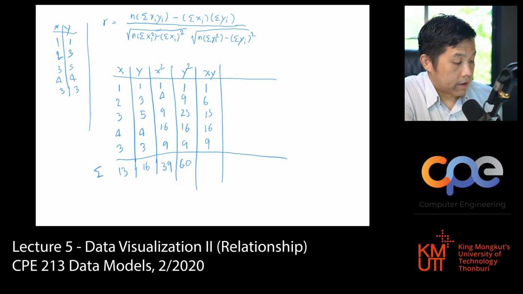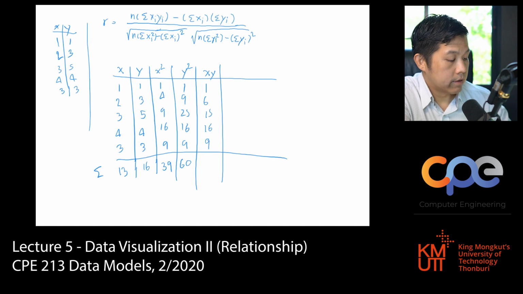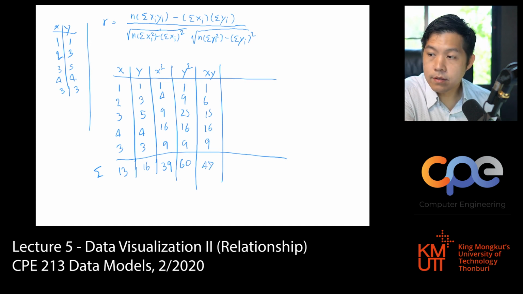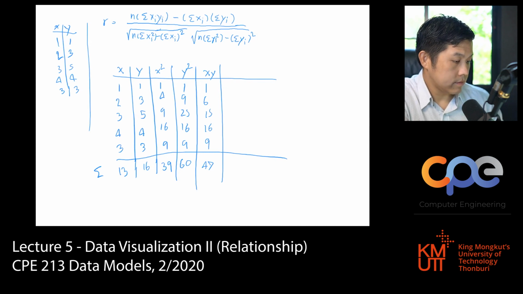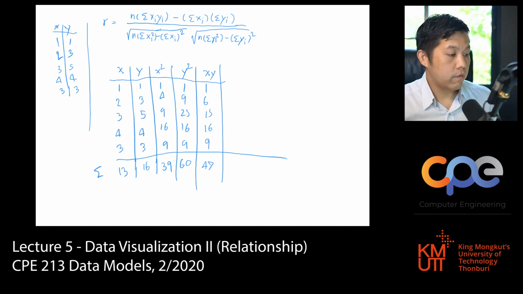Sum them up: 22, 32, 37, 47. Is that all? Yes. That's it. Then we need to compute R.